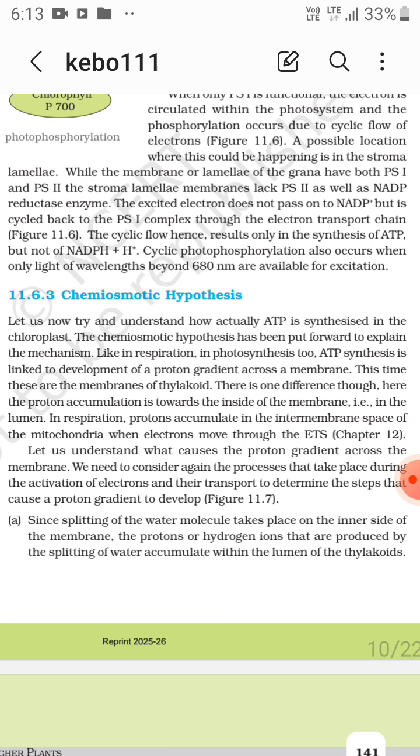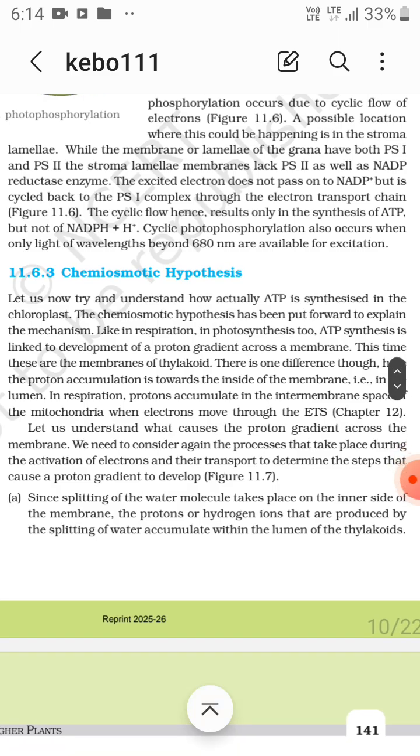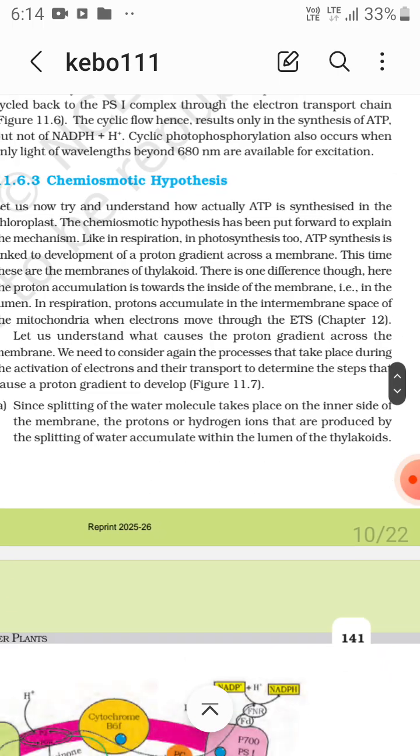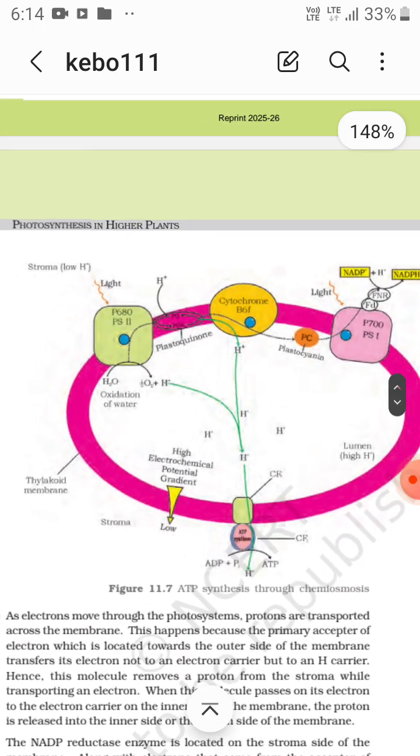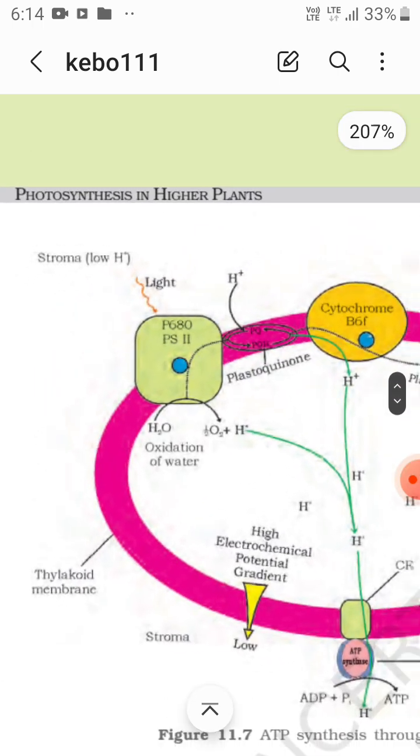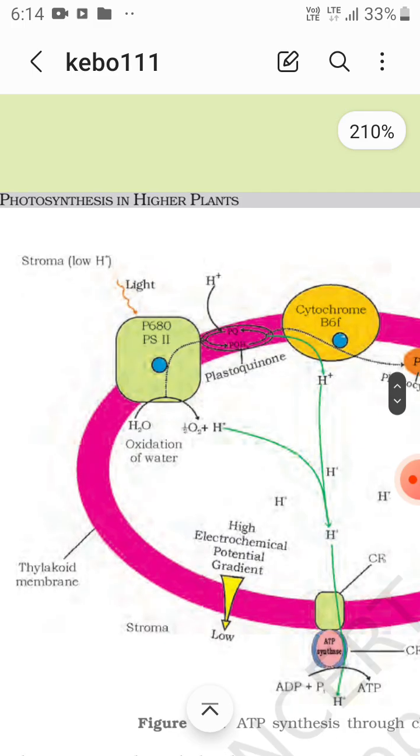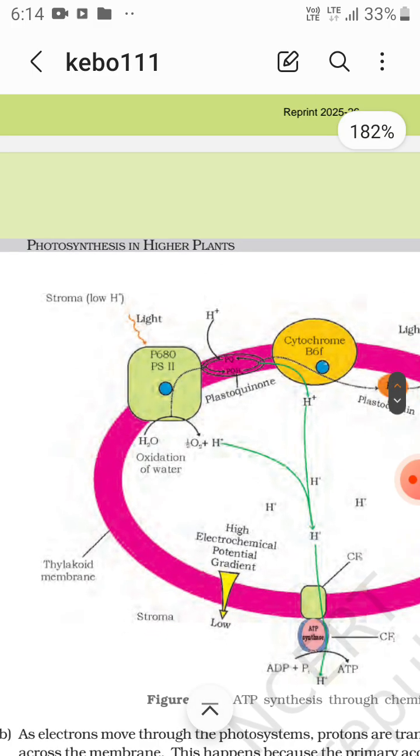So mitochondria has two membranes, and in between the two membranes, in the intermembrane space, the protons accumulate when electrons move through the ETS. So this is the diagram: stroma, low H plus, light falls on PS2, P680 nanometer.